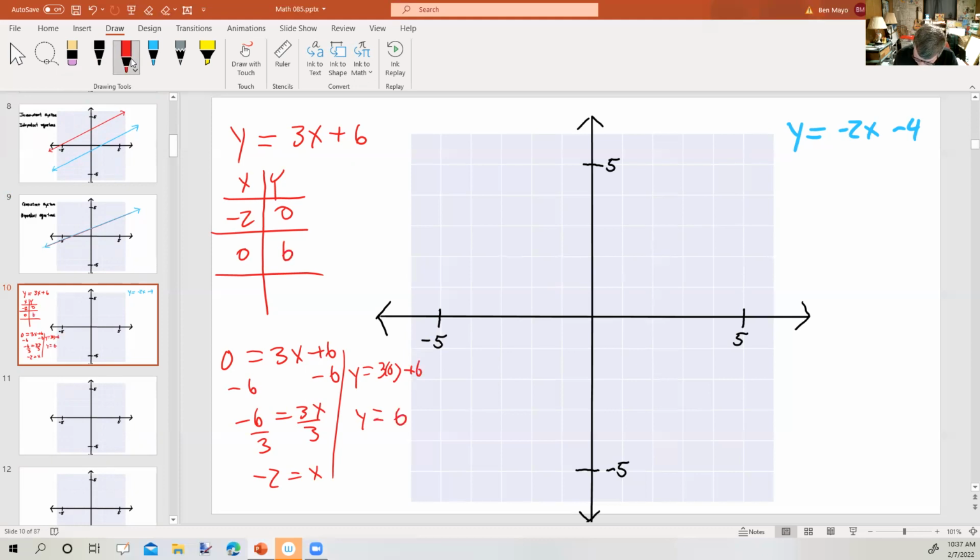So negative 2, 0 is right there. 0, 6 is right there. So let's graph the red equation.